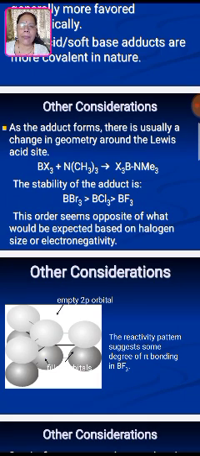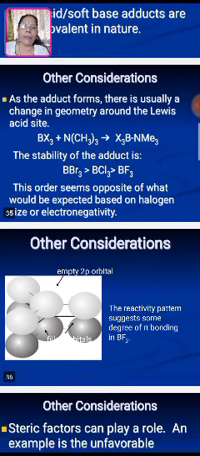Here the example explained is BX3 with N(CH3)3, giving X3B-N(CH3)3. The stability of the adduct is highest with BBr3, then BCl3, and last is BF3. This order seems opposite of what would be expected based on halogen size and electronegativity.